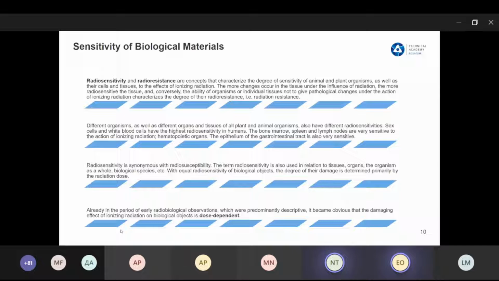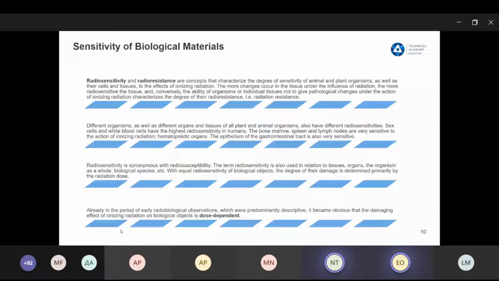Already in the period of early radiobiological observations, which were predominantly descriptive, it became obvious that the damaging effect of ionizing radiation on biological objects is dose dependent.